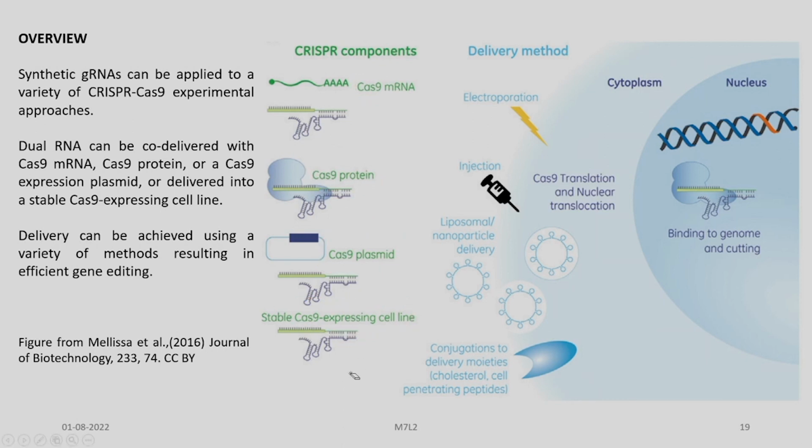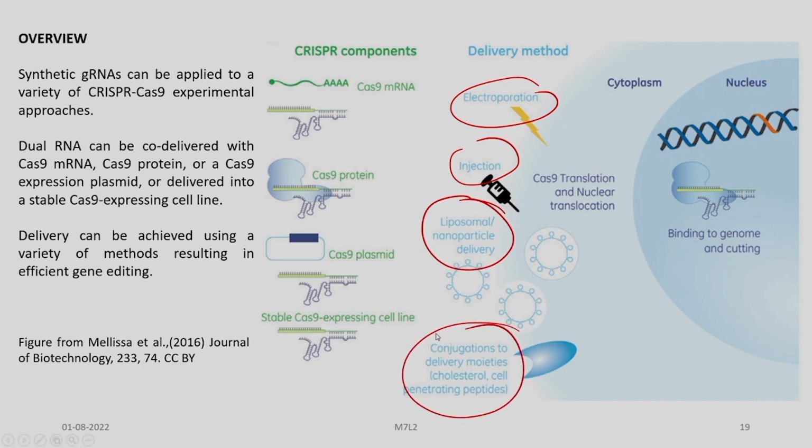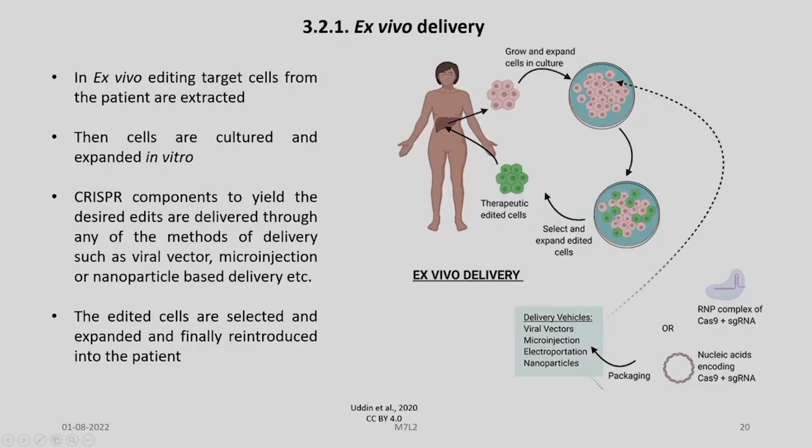Delivery can be achieved using a variety of methods like electroporation, injection, liposomal nanoparticle delivery, then conjugations to delivery moieties, etc. Let us focus a little bit on ex vivo delivery. So, what do you do in ex vivo delivery? In ex vivo editing, target cells from the patients are extracted.